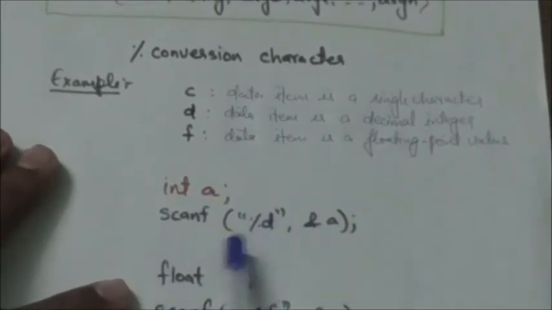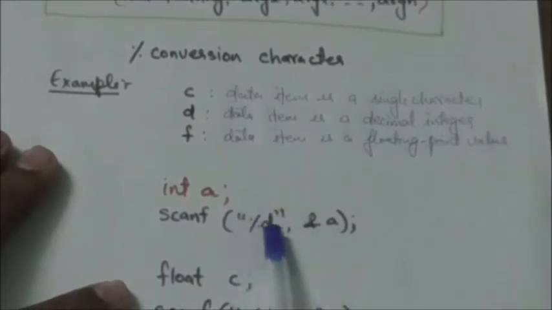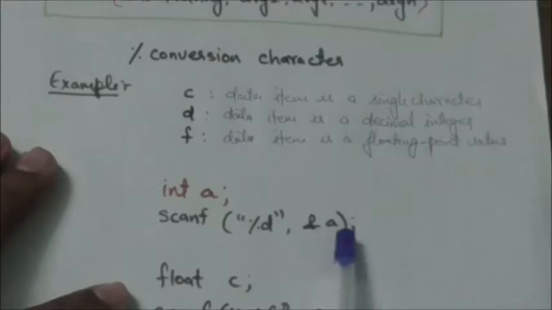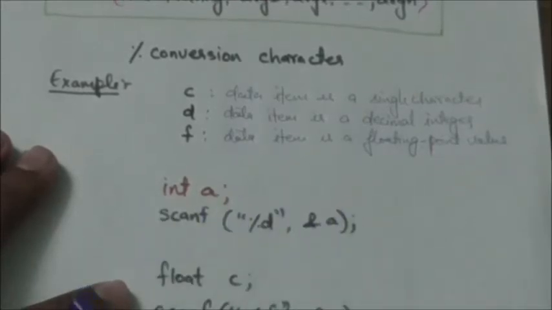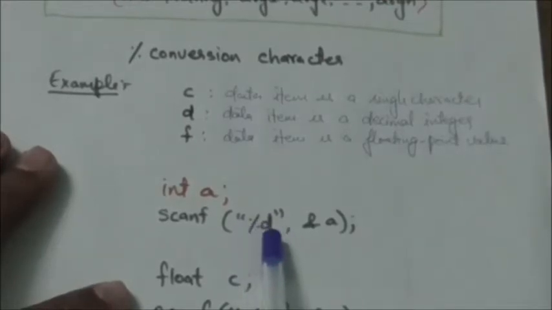Now this in double quotes, what is it? It is a control string. Now this control string contains a character group corresponding to this argument, that is &a, right? So here you can see that this character group consists of a % sign followed by the conversion character d, right? Here the conversion character is d. Why?